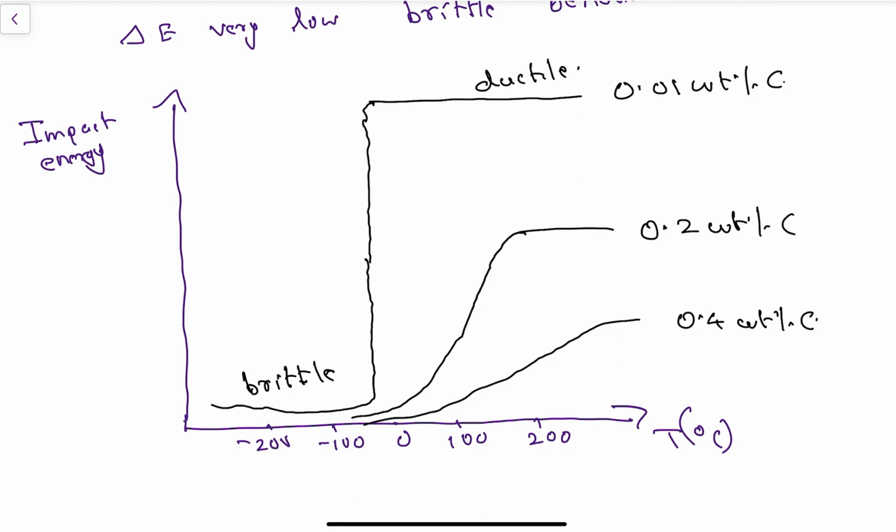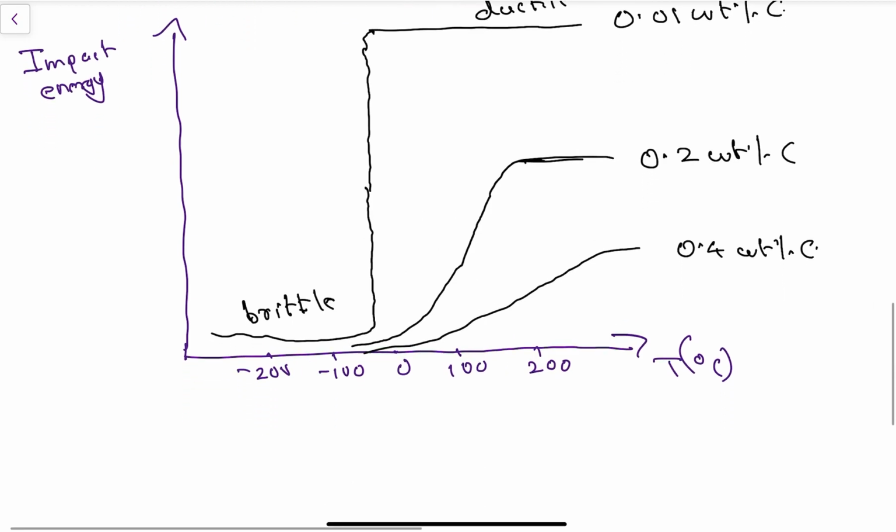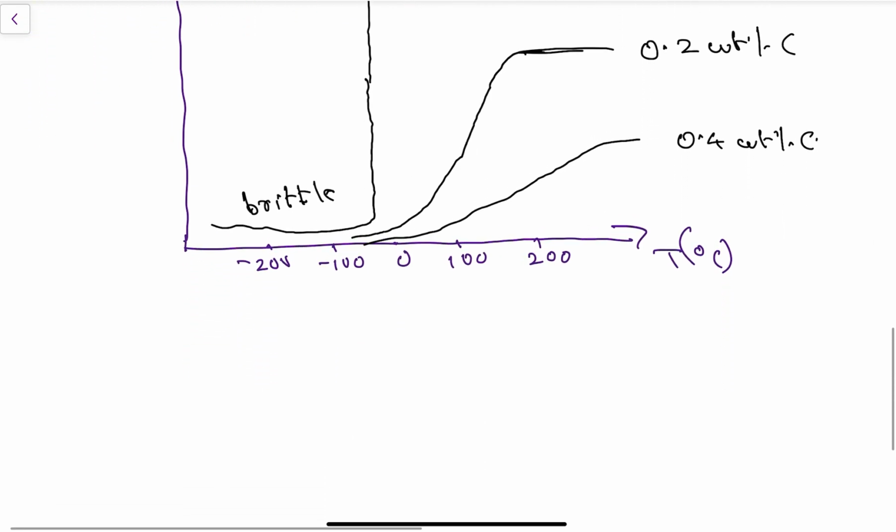So for 0.4%, you can see that its impact energy is low. That means it is brittle compared to the 0.01 weight percentage carbon. But you can see that its transition is not sudden. It is quite gradual. As you reduce the temperature, it becomes much more brittle, but in a gradual way. So this is called ductile to brittle transition.